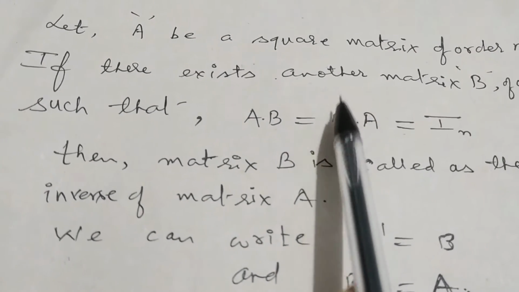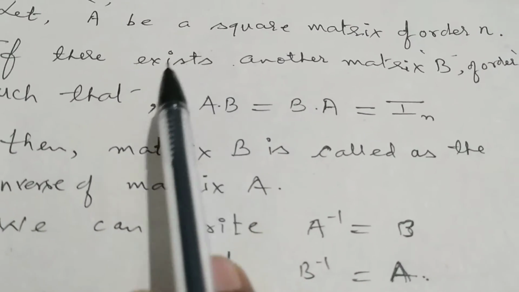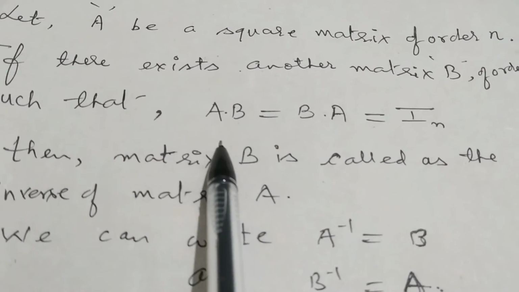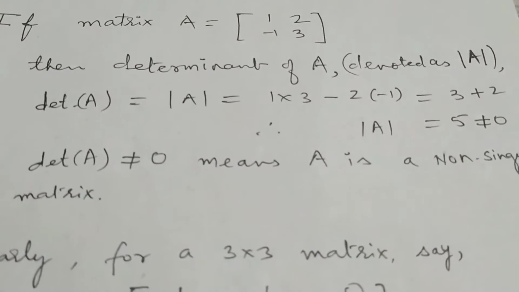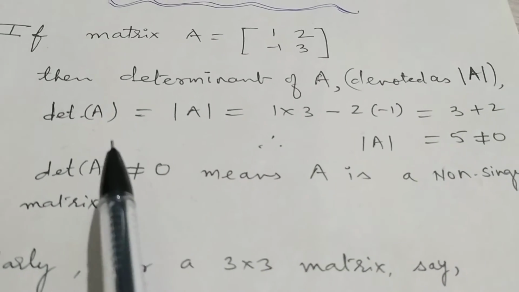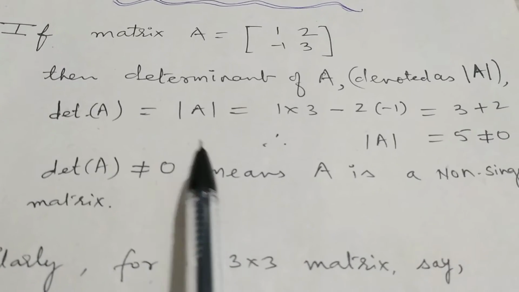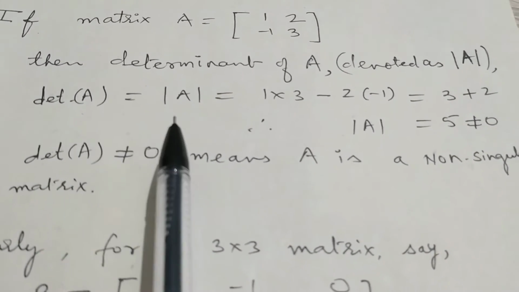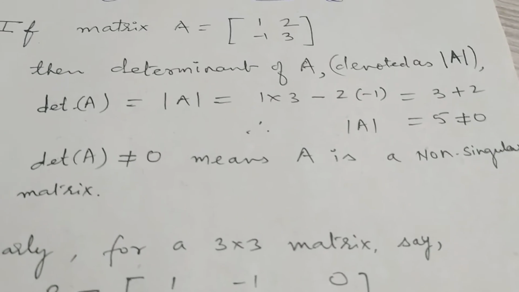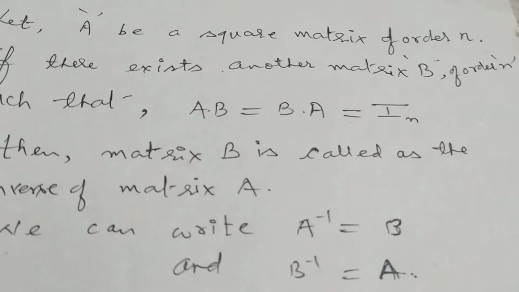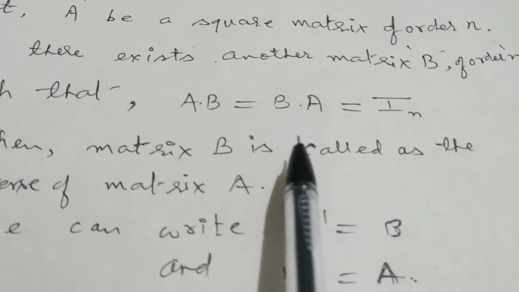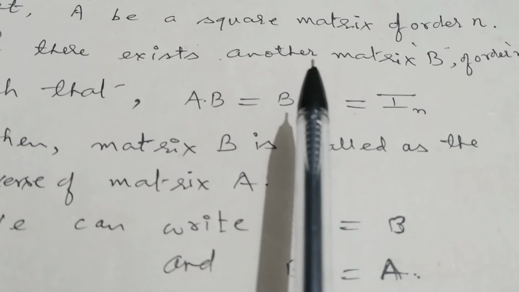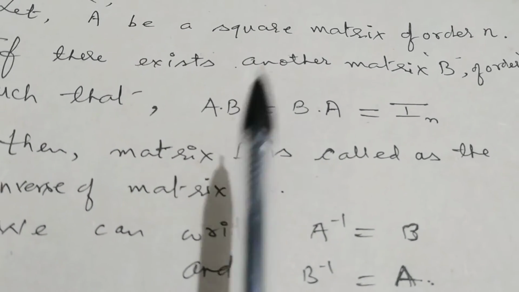From this definition, we can also say something about non-singular matrices. What are singular and non-singular matrices? We have got this definition just now. We discussed that matrices whose corresponding determinant is non-zero are called non-singular matrices. So this definition is helpful in defining the inverse of a matrix. If A is an invertible matrix, then A has to be non-singular, so its determinant has to be non-zero.